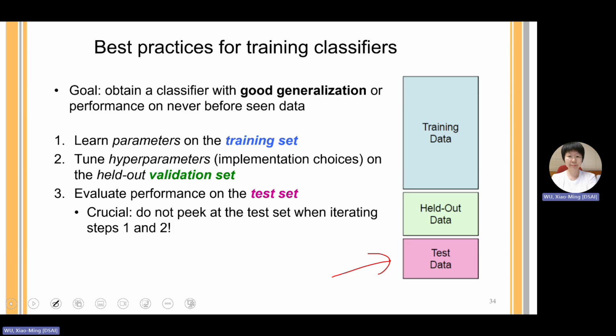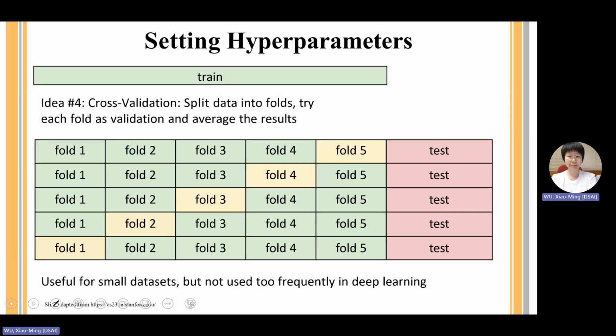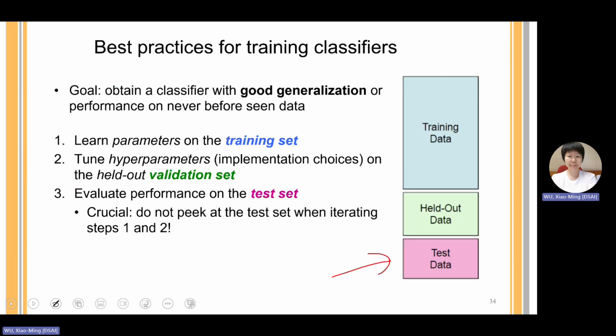In the standard practice, if we use 80%, 10%, 10%, you do not get to use this 10% of data for training.